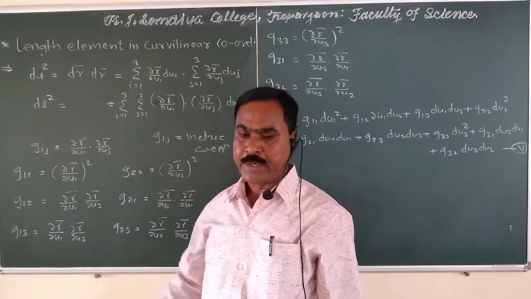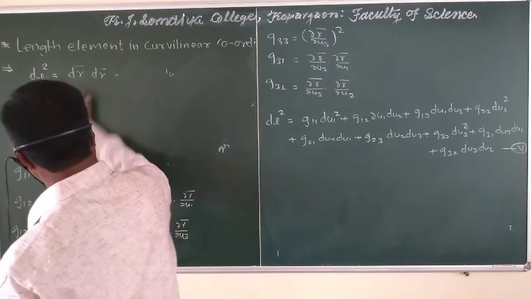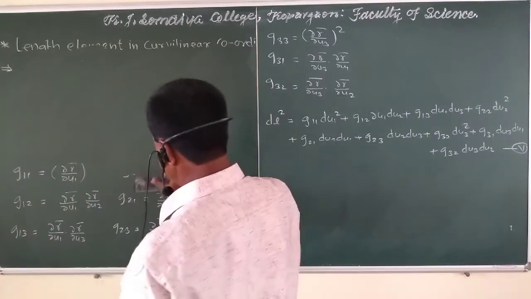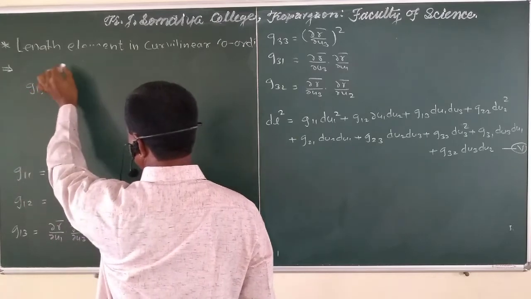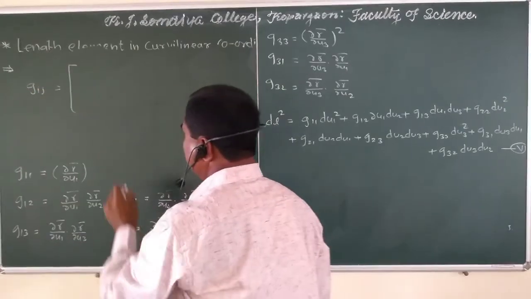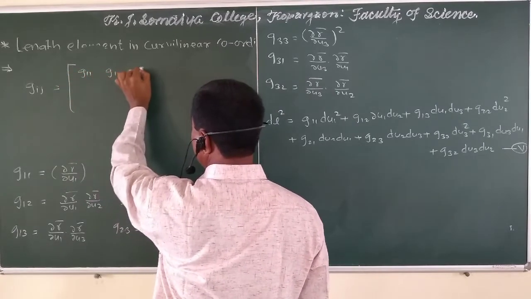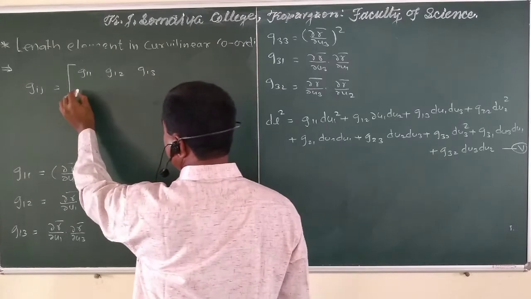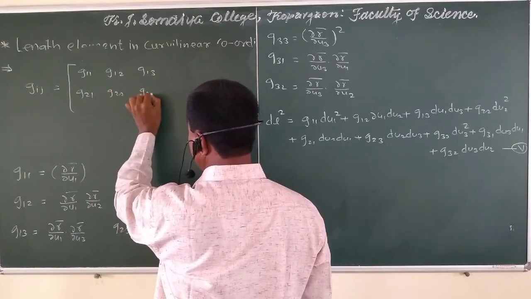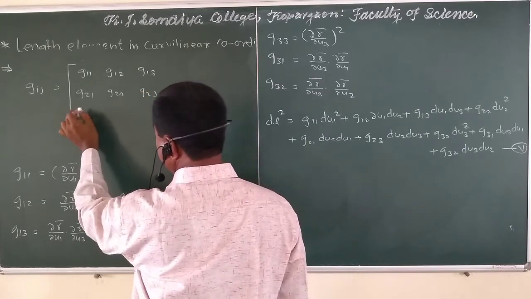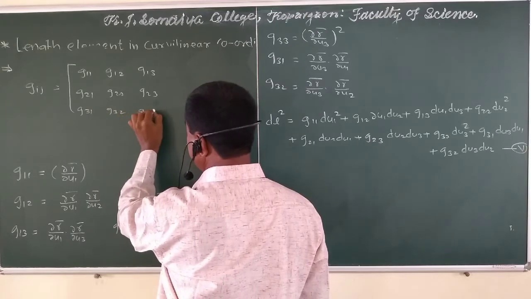So we write this metric coefficient in the form gij equal to g11, g12, g13, then g21, g22, g23, g31, g32 and g33.